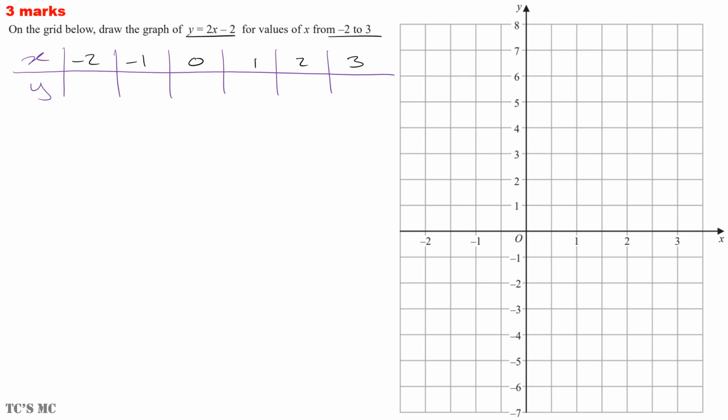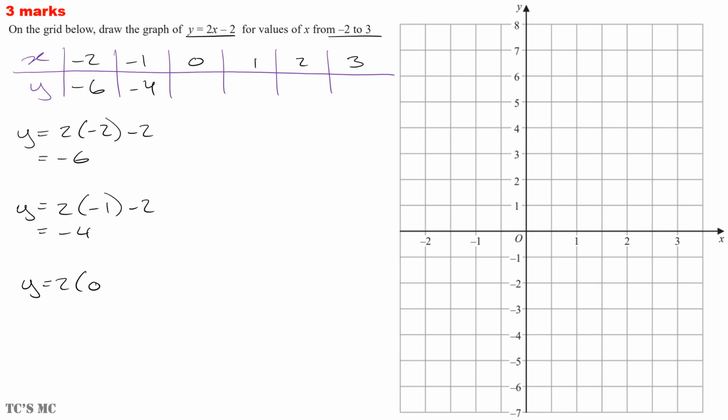To work out the y coordinates, I need to do 2 multiplied by -2 subtract 2, and that's -6. And then 2 multiplied by -1 subtract 2, and that is -4. And then 2 multiplied by 0 subtract 2, and that is -2.